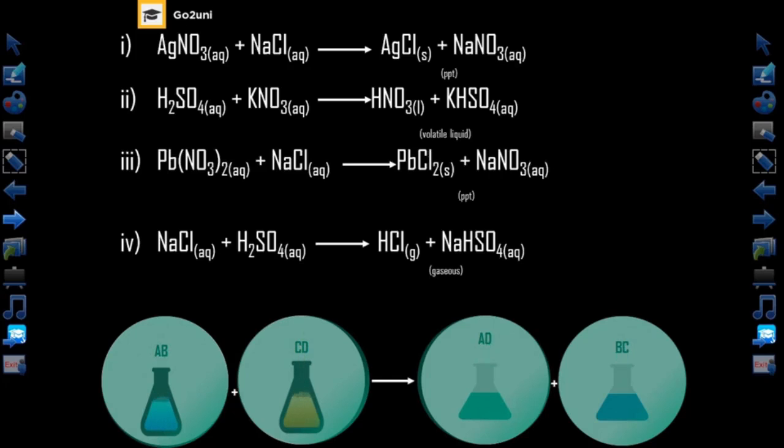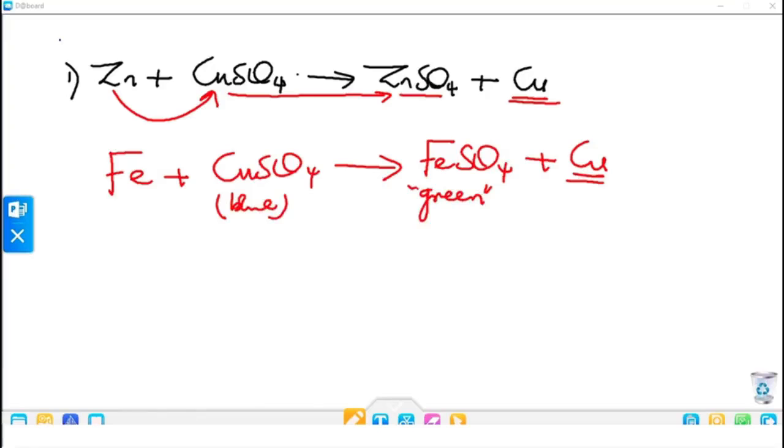And we have sodium chloride reacting with sulfuric acid, tetraoxosulfate 6 acid. So let us take a look at the first equation, which will explain every other equation we have here. Silver nitrate reacting with sodium chloride.